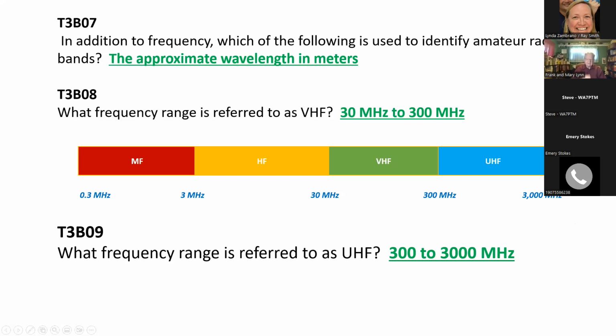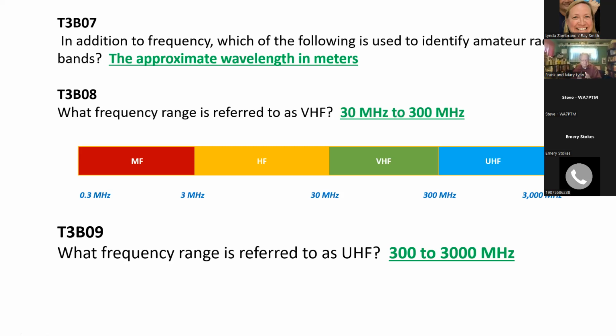If you're wondering why they do it in powers of 10, it's because you have a certain bandwidth for your signals. For example, in HF, you're looking at a bandwidth generally of about 2 to 3 kilohertz.